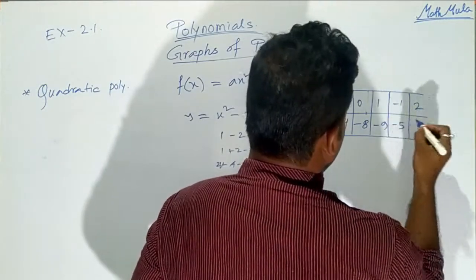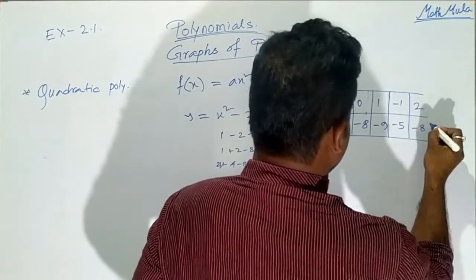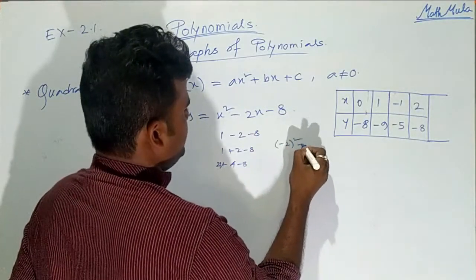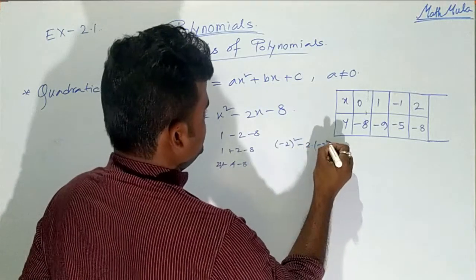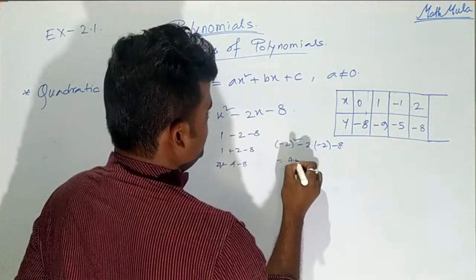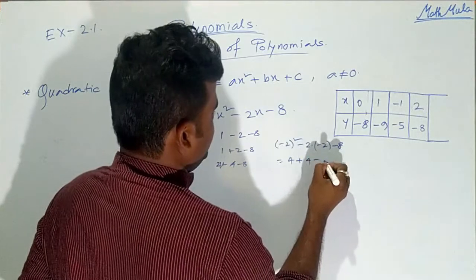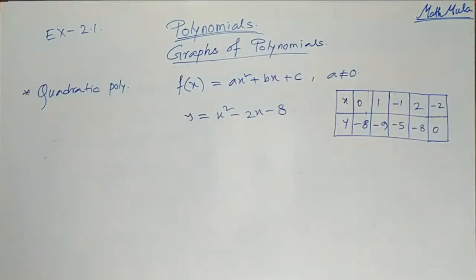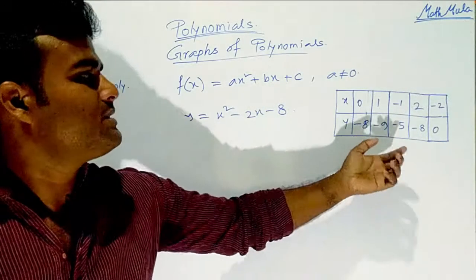For x = 2, y will be -8. And the next value, for x = -2, it will be (-2)² - (-2)... that is 4 + 4 - 8, which is 0. For x = -2, y will be 0.